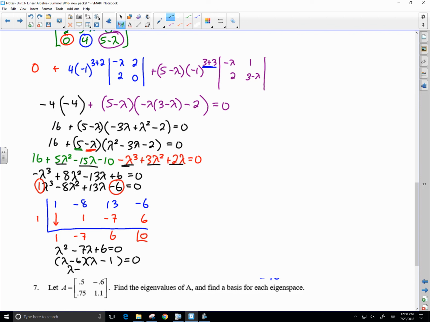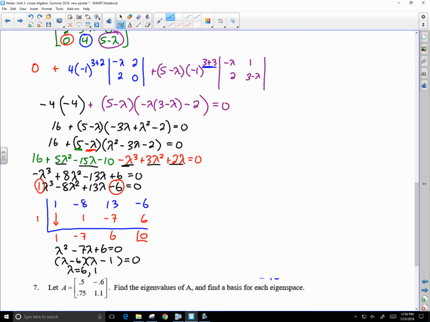This is terrible. Look at this. I mean, you get the answer. So now you have 3 eigenvalues. You know, 2 of them are not unique. We have the one that worked in synthetic division, and the 6 and the 1 that emerged from the factoring of the quadratic. Right?